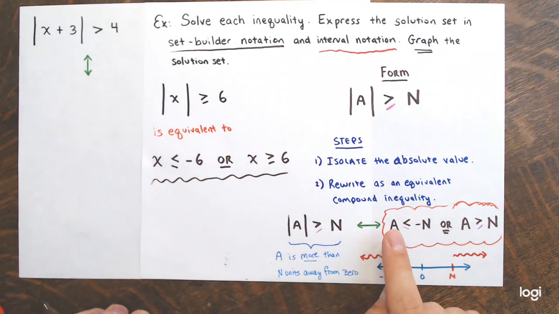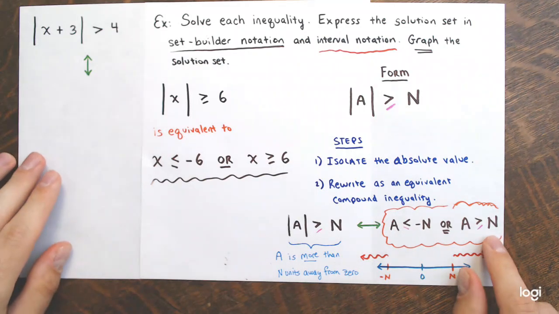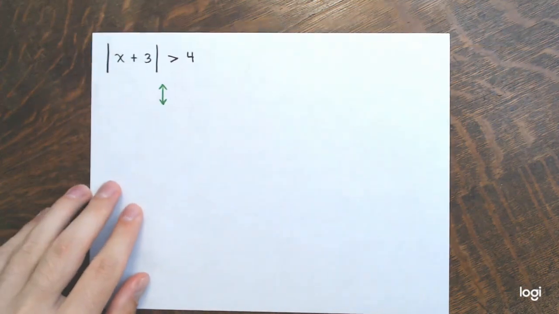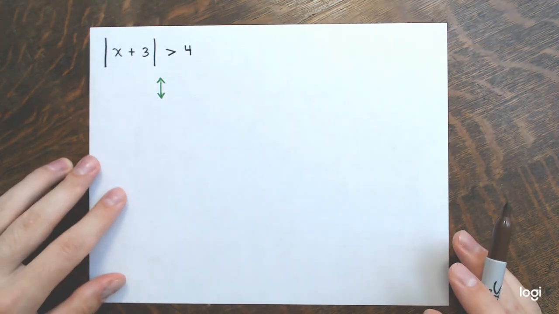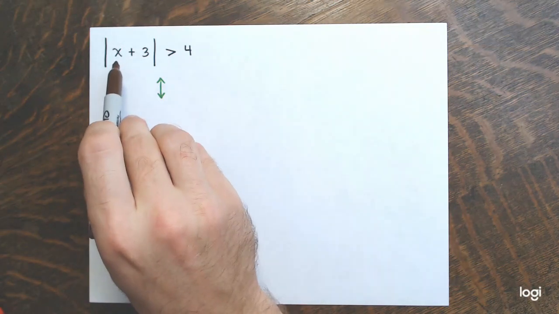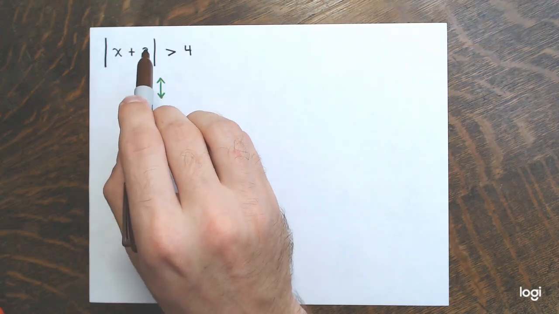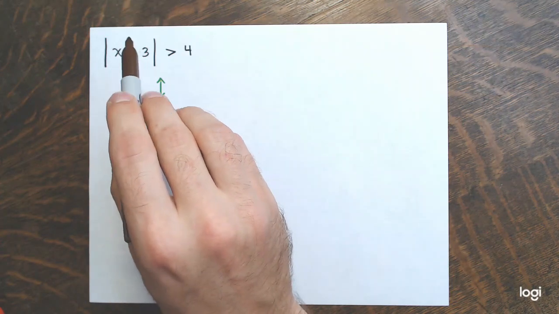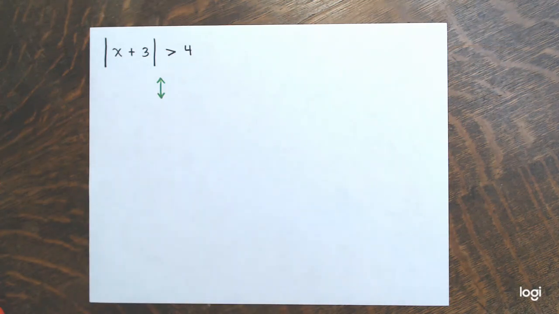So I have x plus 3 for the a, 4 for the n, and negative 4 for the opposite of n. But you could also just think of what absolute value means. What is the definition? It's the distance from 0 on the number line. So what we're looking for here is what x plus 3 could possibly be so that its absolute value is greater than 4. To have an absolute value greater than 4 means that you are more than 4 units away from 0.